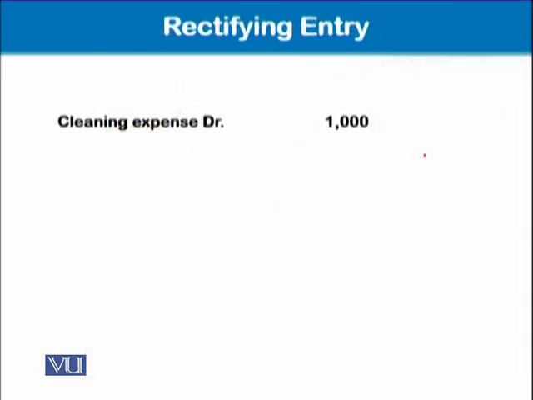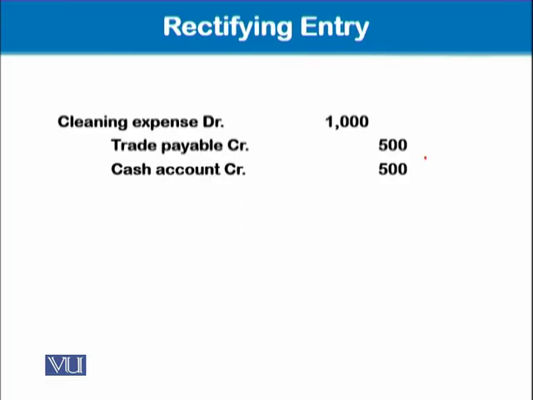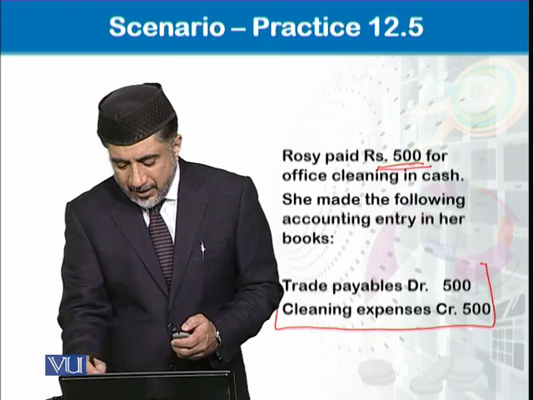So cleaning expense was supposed to be debited. The thing is that cleaning expense was 500. Okay, that was supposed to be debited. Instead, we debited trade payable account and we did not credit the cash account. Once again, if you look over here, what wrong entry was passed?